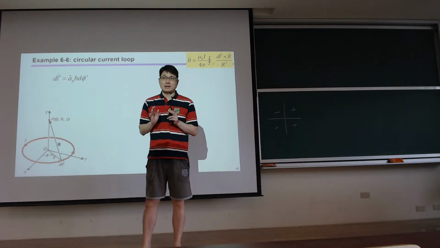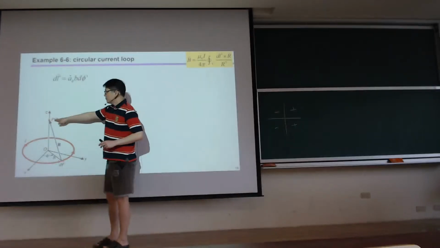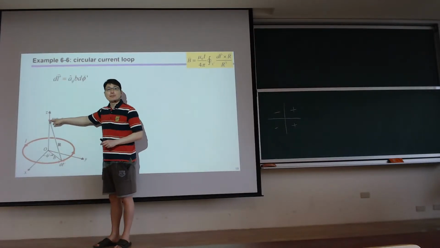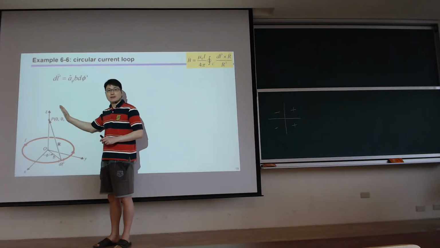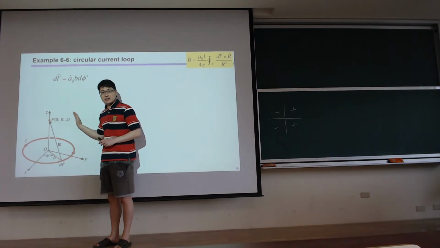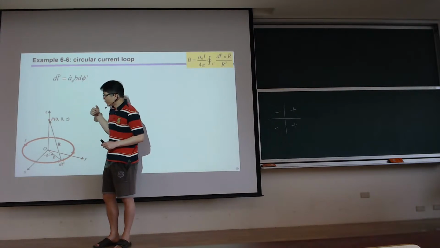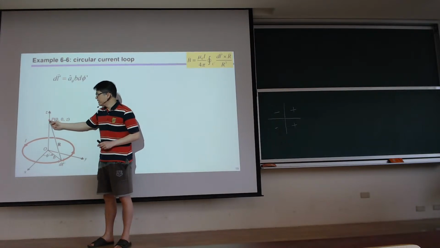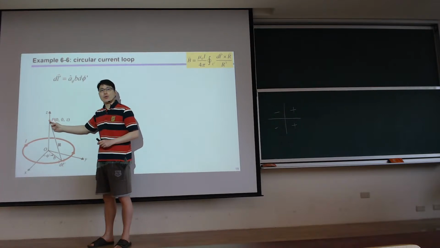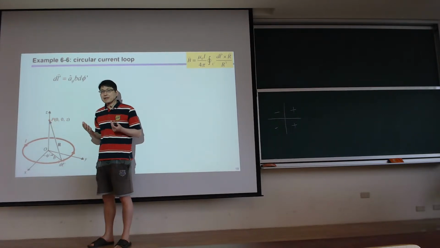But ideally, this observation point could be anywhere, to make it more generalized. But at the moment, we are asked to find the B field at this particular point. Why? Because the textbook is trying to be nice.